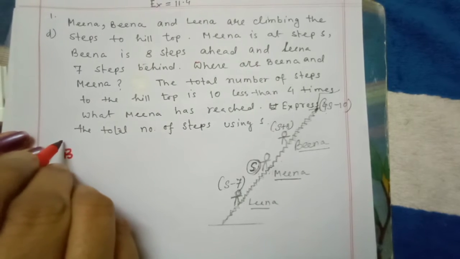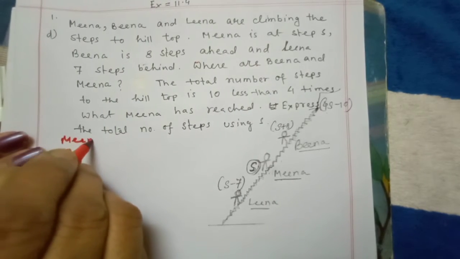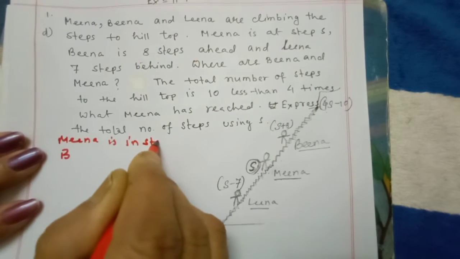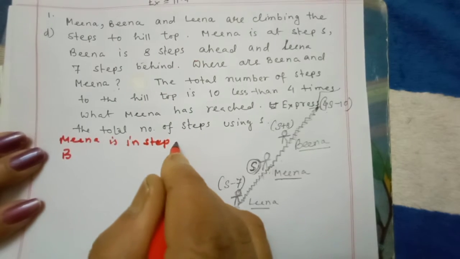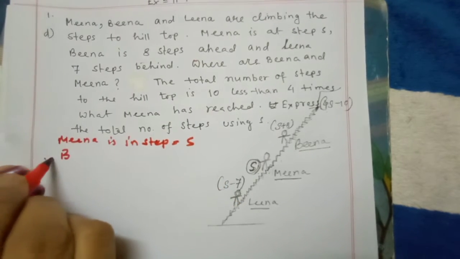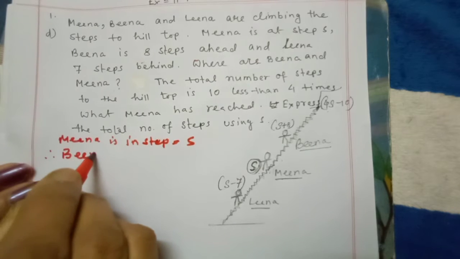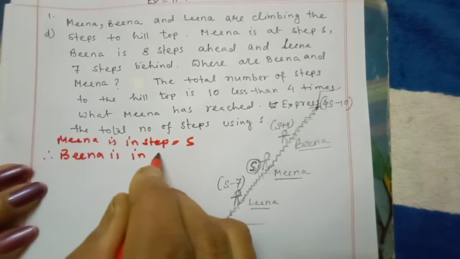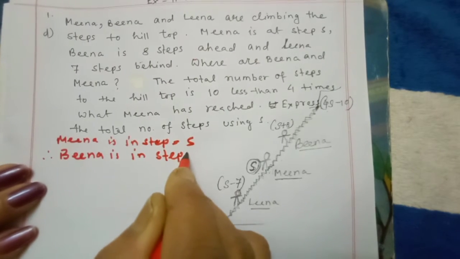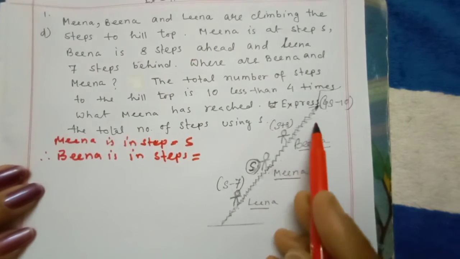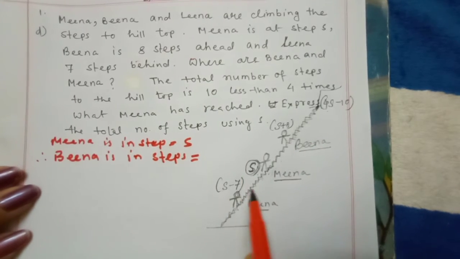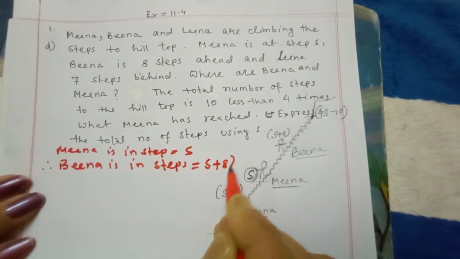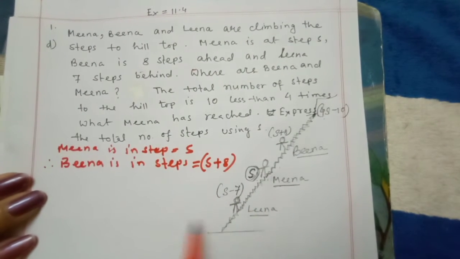First of all, write Meena. Meena is in step S. Therefore, Bina is in S plus 8 steps, because Bina is 8 steps ahead of Meena.